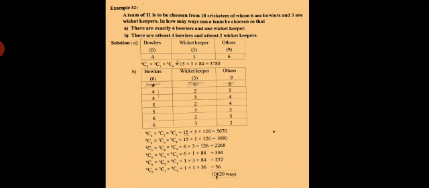Similarly, second line, n is always 6 here, students, for bowlers, and in the next column n is equal to 3, and in the last column, others, n is equal to 9. R values are given in the 3 columns respectively. Now simplify in the same way. 6C4 into 3C3 into 9C4, which is equal to 15 into 1 into 126, which is equal to 1890.